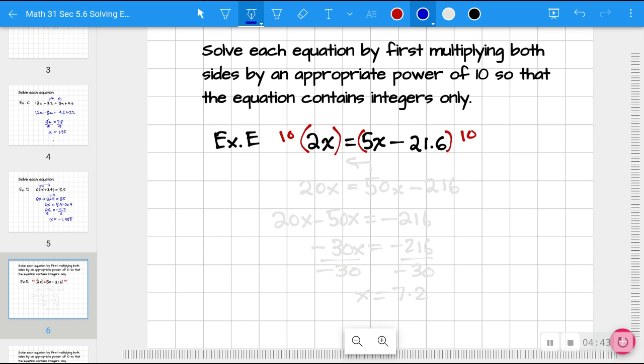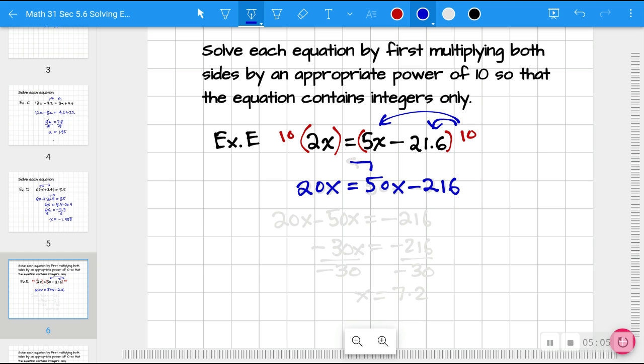Now, when you multiply everything by 10, you end up with 20x on the left. And distributing here, you get 50x. And then on this one, when you multiply by 10, you'll clear your decimal. It moves over one spot. And that was the purpose of doing that step. We no longer have decimal points in the answer.